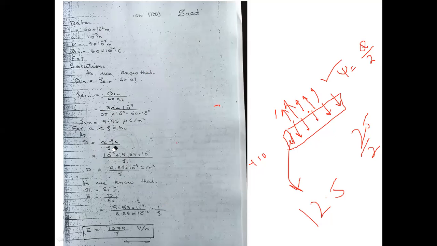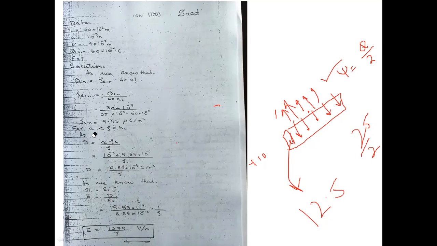Rho is actually the radius of the point of observation, we can say the radius of the Gaussian surface. So D in terms of rho will be equal to 9.99 into 10 to the power minus 9. Now D is equal to epsilon naught E, so E is D by epsilon naught. Dividing this whole equation by epsilon naught, we will get 1079 by rho.